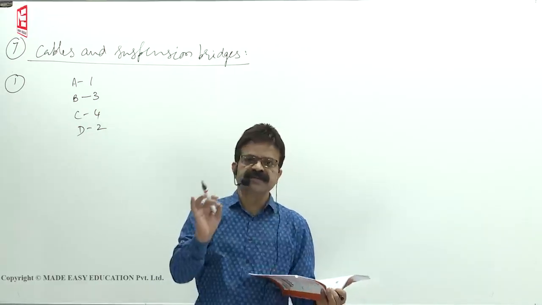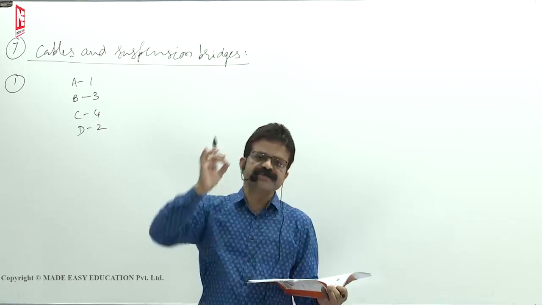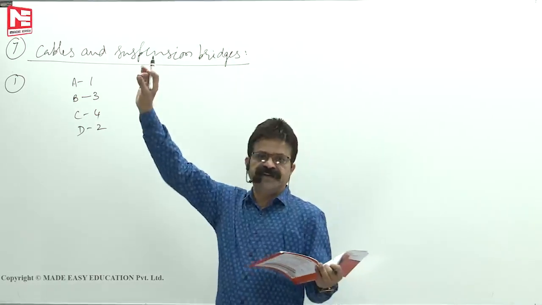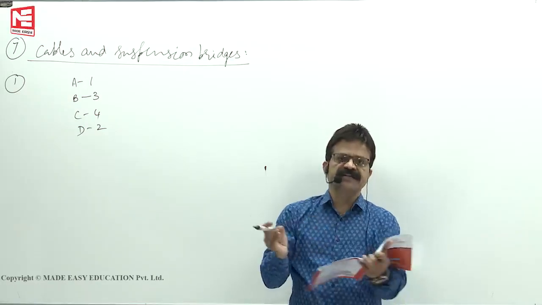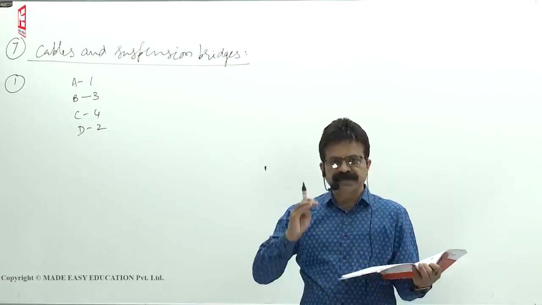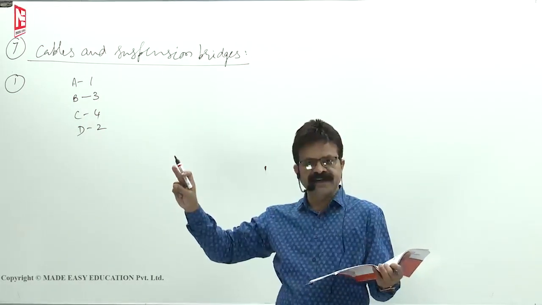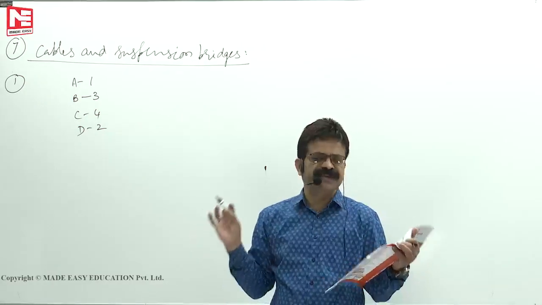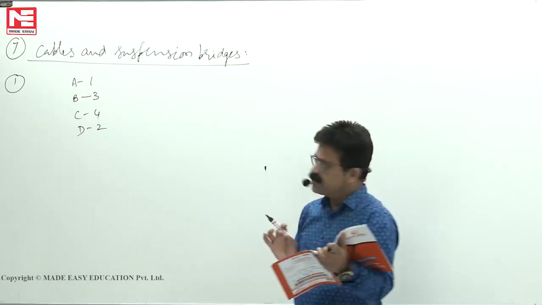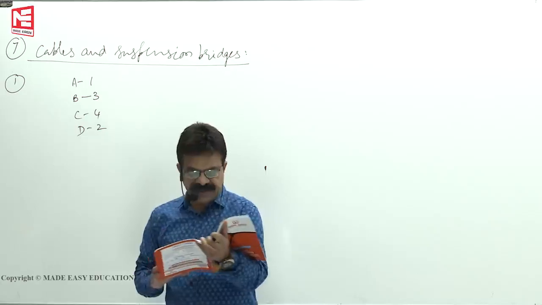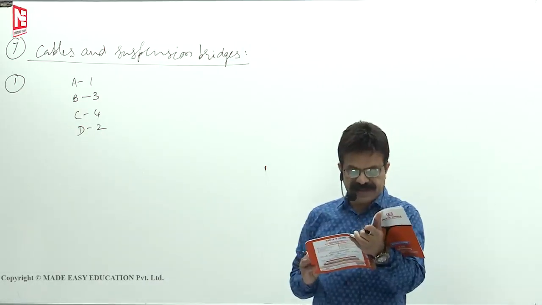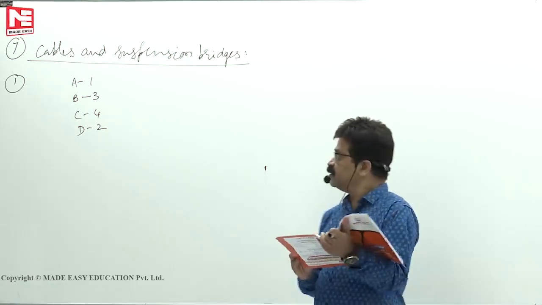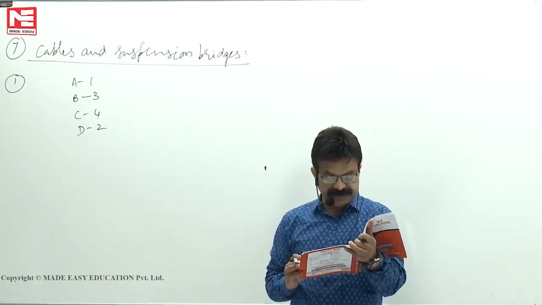The entire load is taken by the hangers, and hangers will transfer load to the main cable. If UDL is not there, some other load is there, then the majority of the load is taken by the hanger bars, and very little load only will be taken by the supports. So this is correct. But C, cable uniformly loaded along its length assumes the shape of 4, he has given.